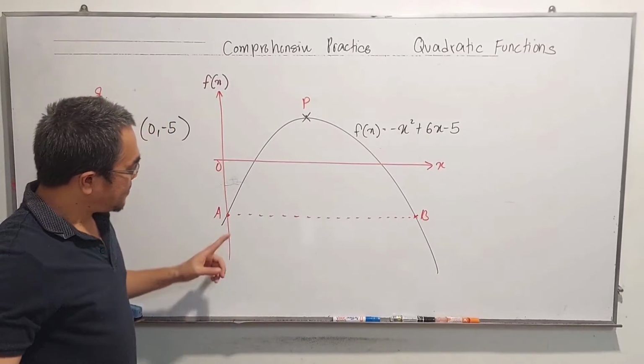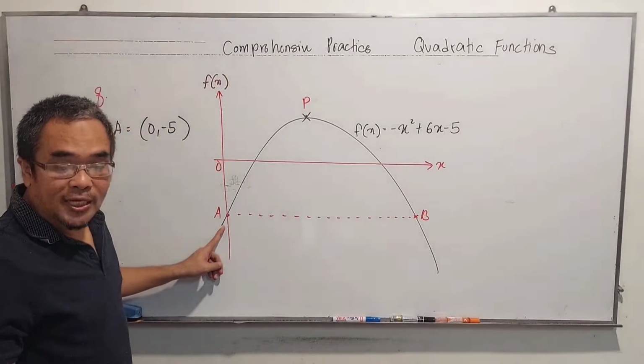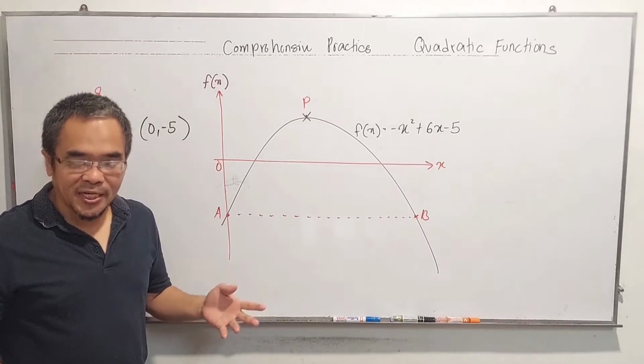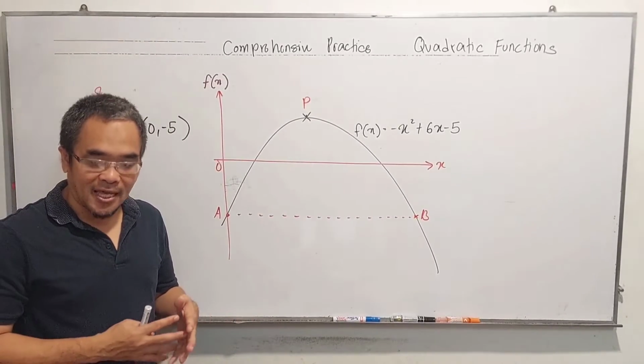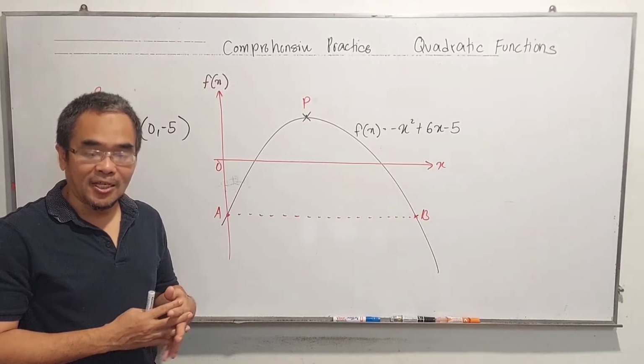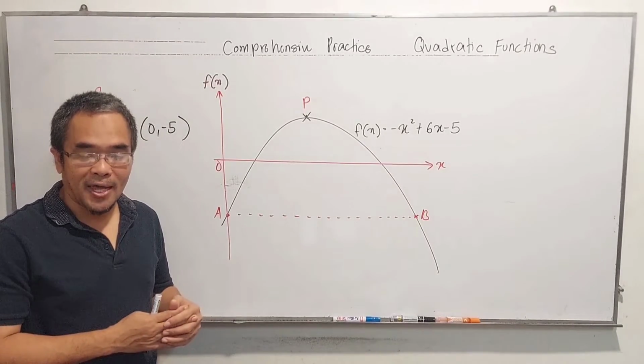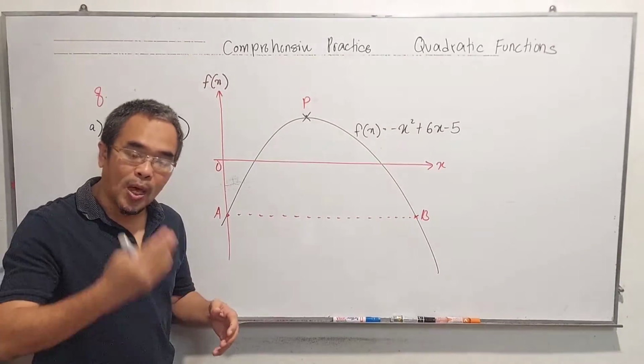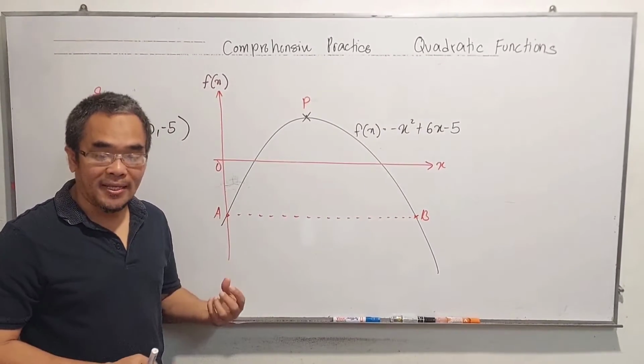In other words, this is actually the value of c. If you remember the equation of a straight line that you covered last year in Form 3, last chapter, y equals mx plus c, c is the y-intercept.